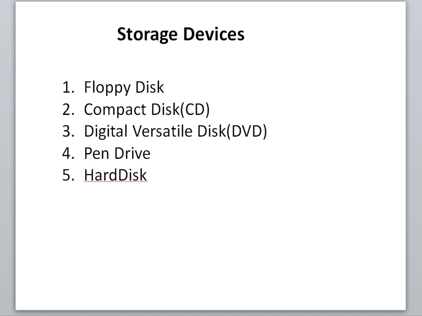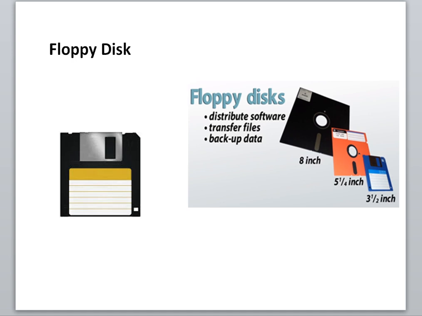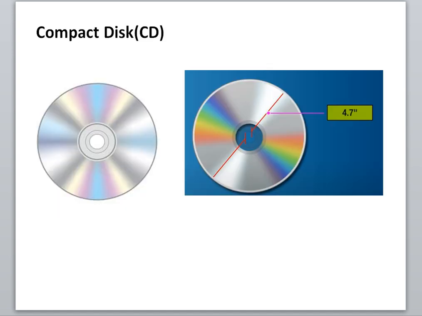Now, another one let us see. That is compact disk. Compact disk long form is CD. It is a thin and circular disk which stores up to 700 megabyte of data. See, there is so much difference between floppy disk and CD.